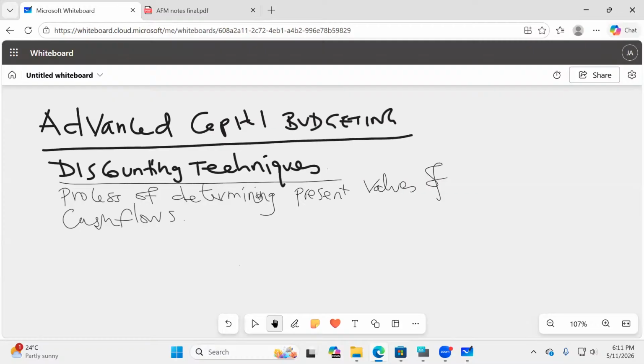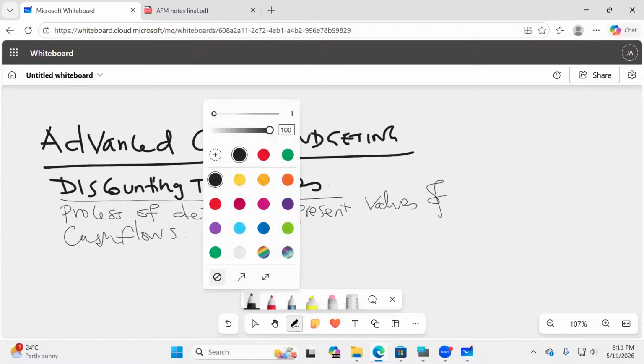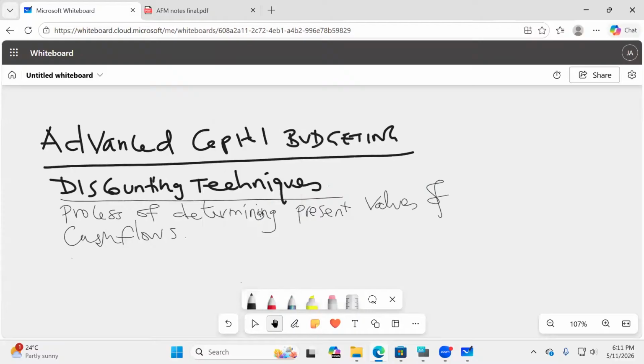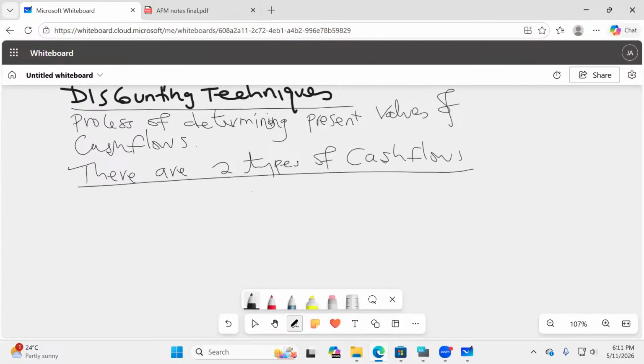There are two types of cash flows. Which types are these? This we have to write, all of us.